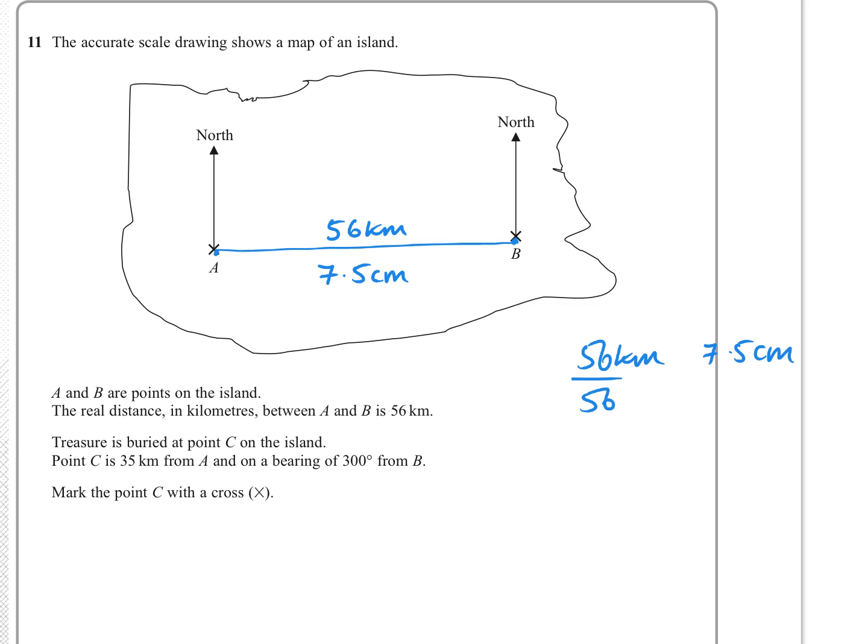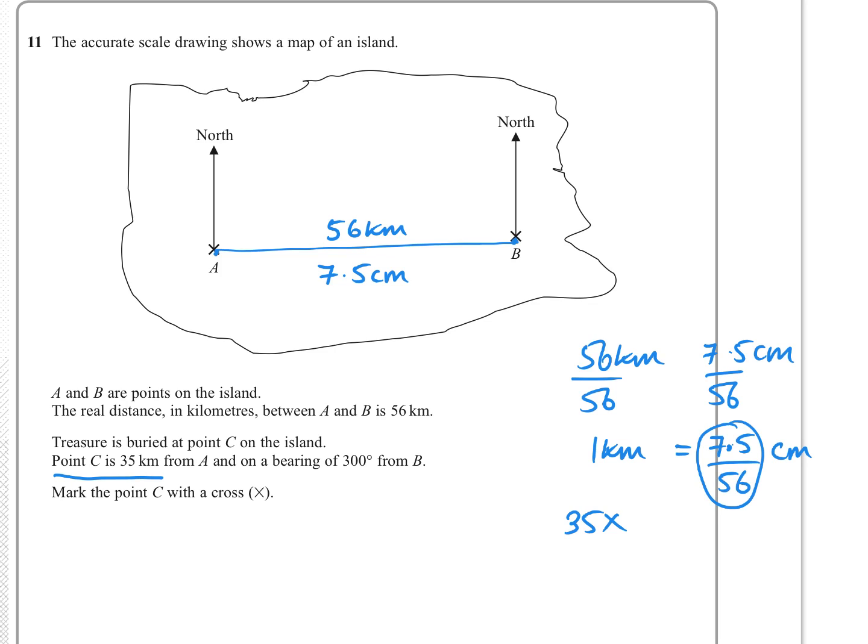So if I divide both sides by 56, then 1 kilometre is going to be 7.5 over 56, and that can be my scale factor of enlargement, because it says here that treasure is buried at point C on the island. Point C is 35 kilometres from A, so 35 times this scale factor that I've got here.